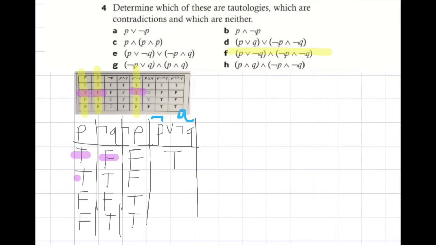Our next combination is true, true. True, true is true. Next combination, false, false is false. And final combination, false, true is true.